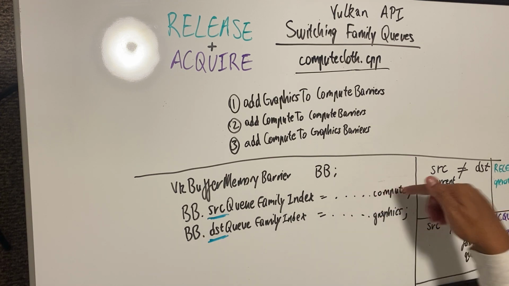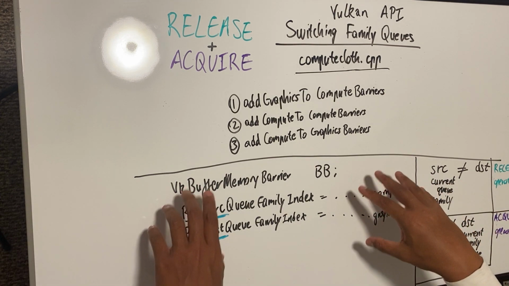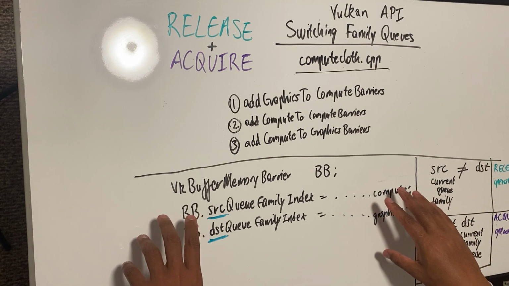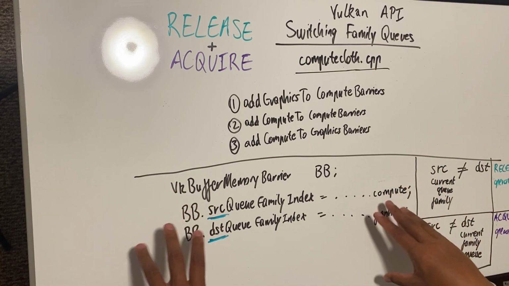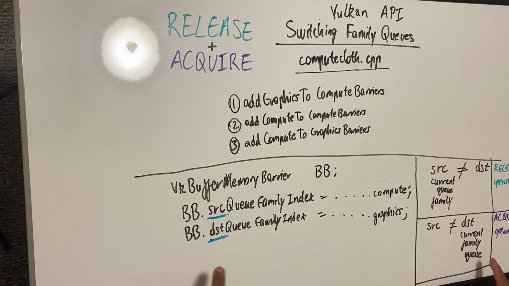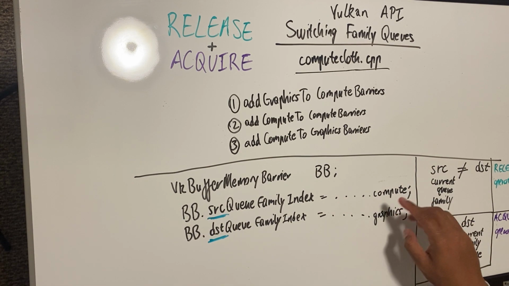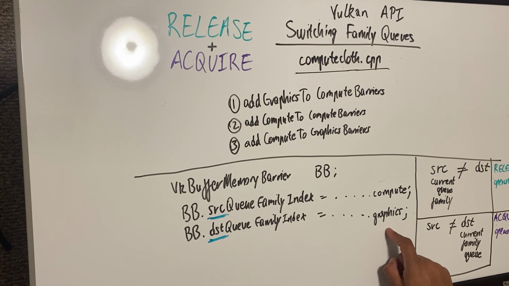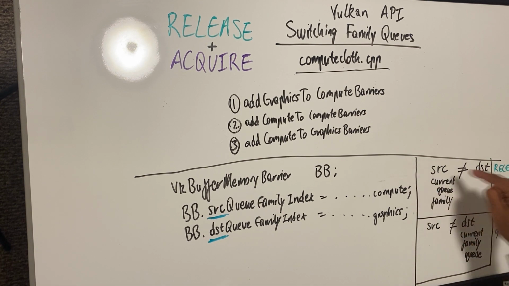It matches the current family queue matches the source, and then when you run it again for when you're in the graphics family queue, I'm sorry, when you're in the graphics now, you're in an acquire operation because the destination matches this, so you're in acquire. So you have to release and then you acquire.